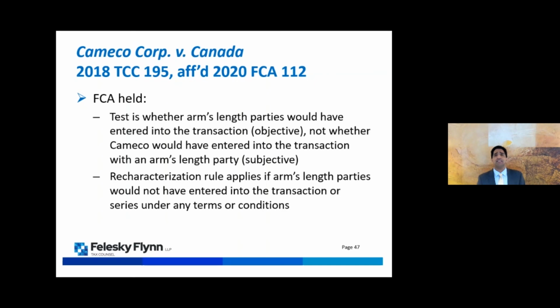They basically said that the recharacterization rule in paragraphs 247(2)(b) and (d) only applies if arm's length parties would not have entered into the transaction under any terms and conditions. If it is something that arm's length parties would agree to, that rule simply can't apply. You just price the transaction in that case. So the court said the recharacterization rule doesn't apply. This is a transaction that arm's length parties would agree to, and therefore we just need to price it.